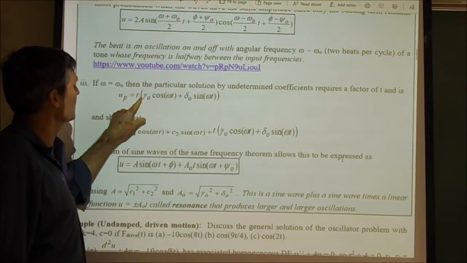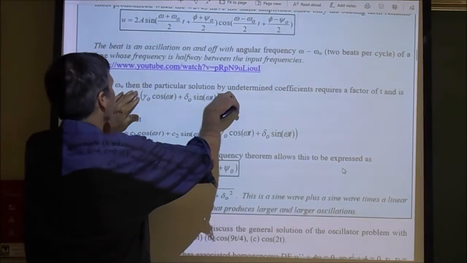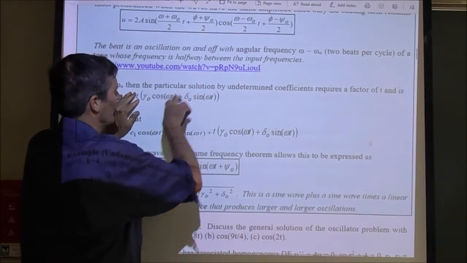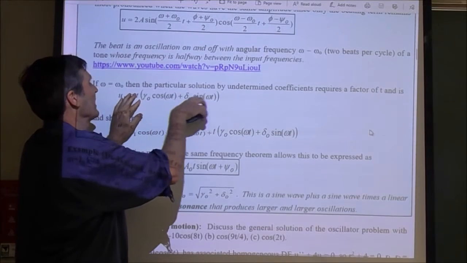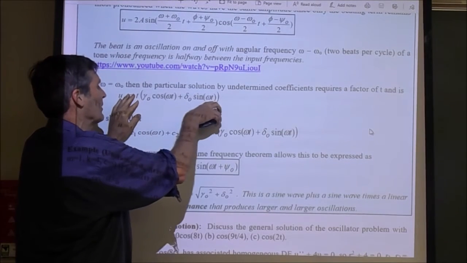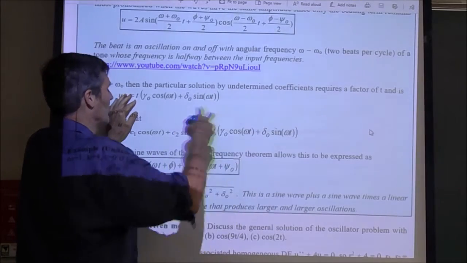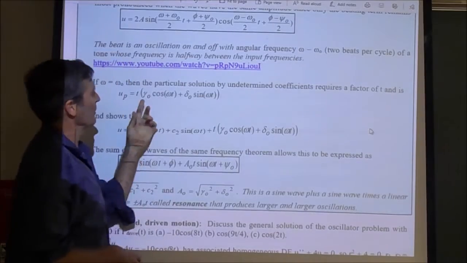The particular solution has to have this t in it, because the table of undetermined coefficients says so. It's a solution to the homogeneous problem, right? If omega equals omega 0, then the particular solution has the same angular frequency as the homogeneous terms, and so you have to multiply by t to get a particular solution.